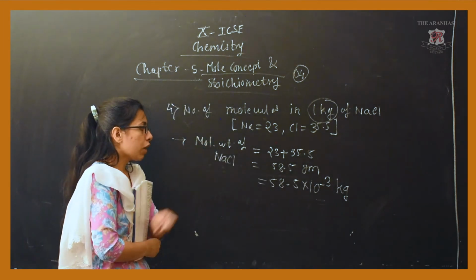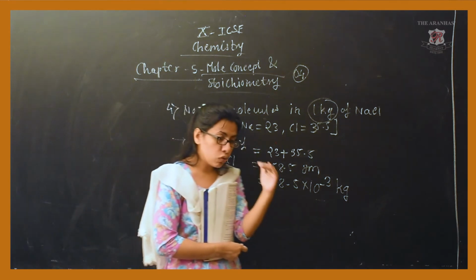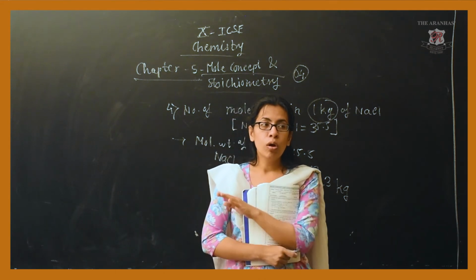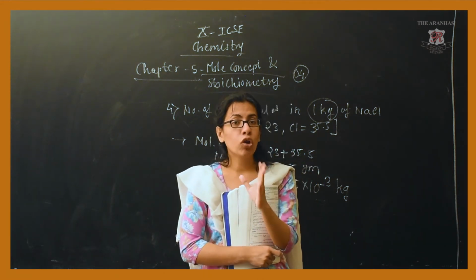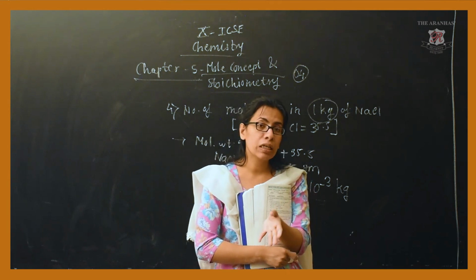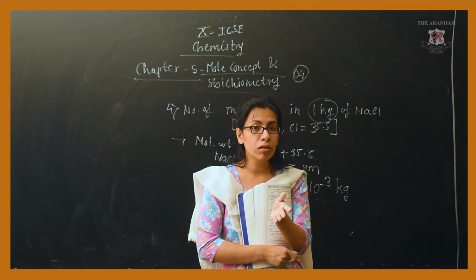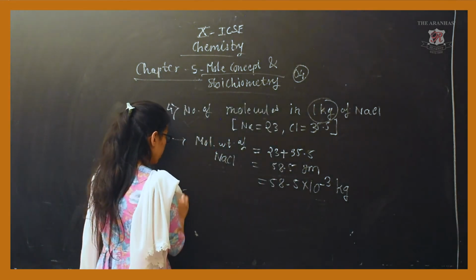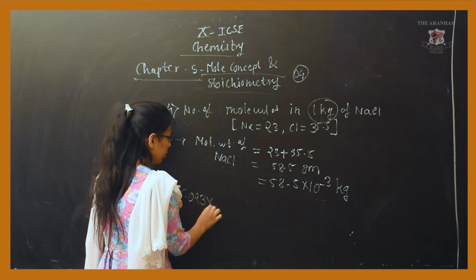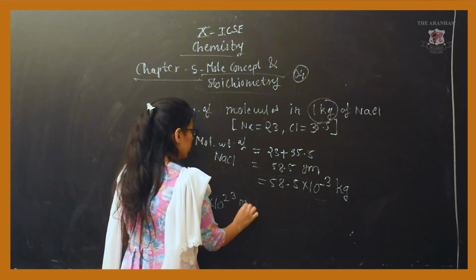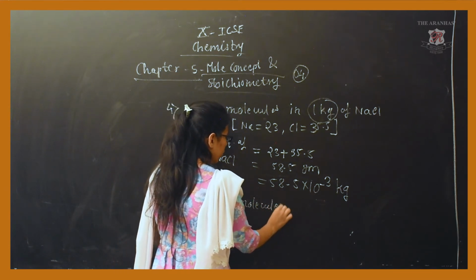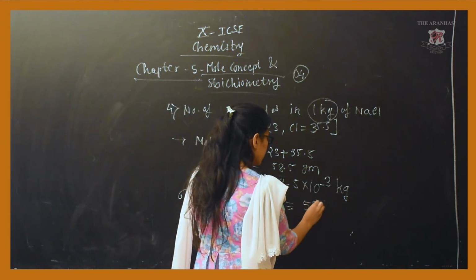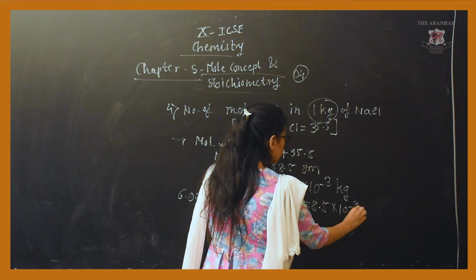So, now, if this is the molecular weight, just use the same concepts which we have discussed up till now. Any particular gas molecular weight, it always contains how many molecules at STP? Avogadro's number. So I can write that 6.023 into 10 raised to 23 molecules are present in 58.5 into 10 raised to minus 3 kg.